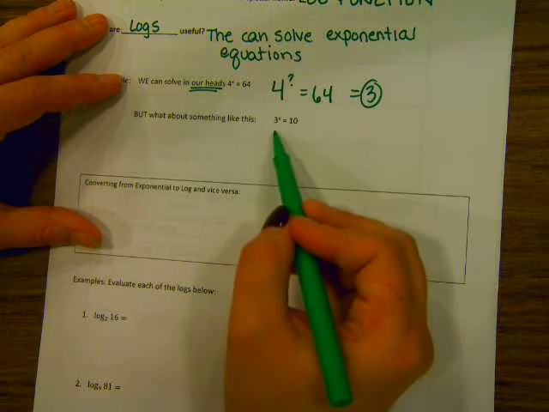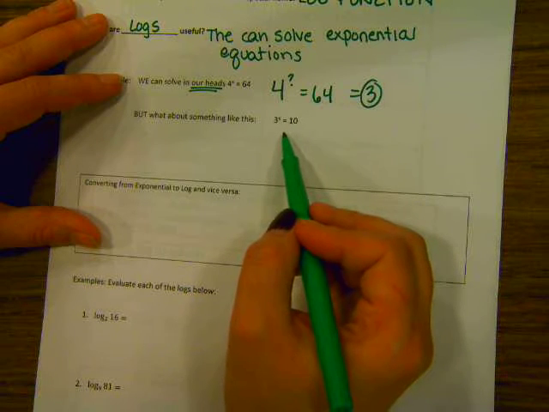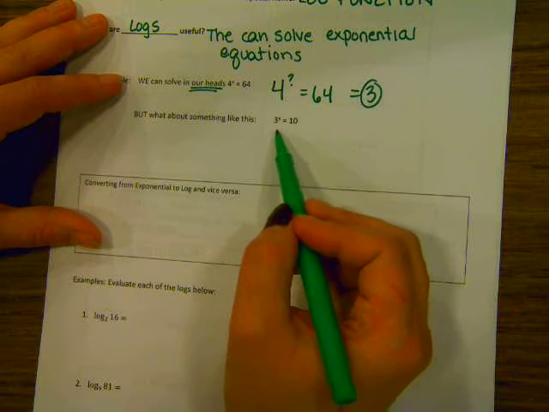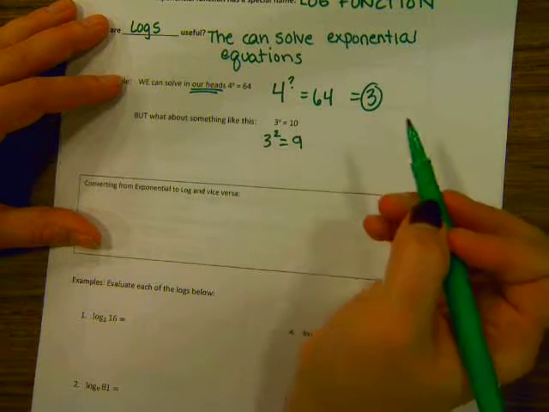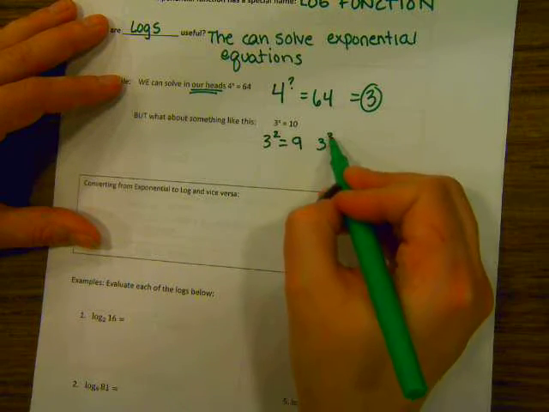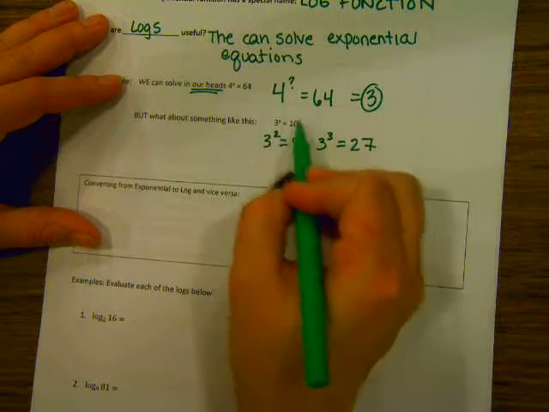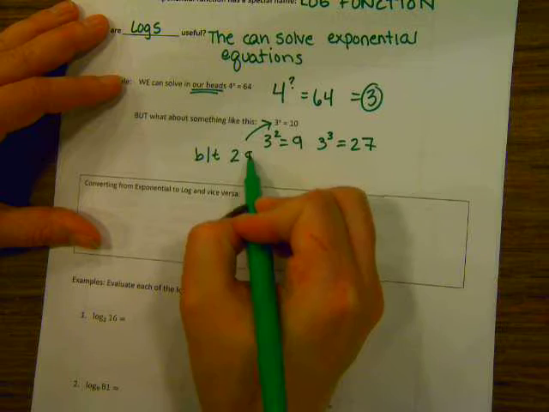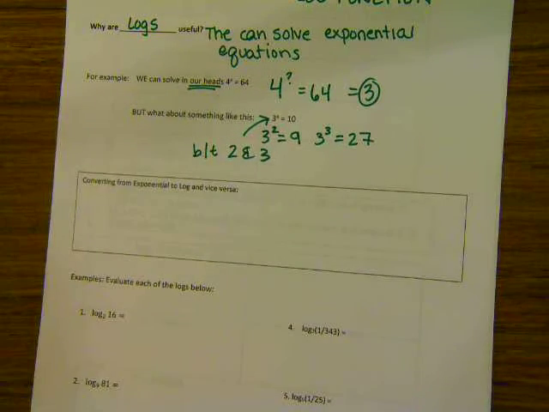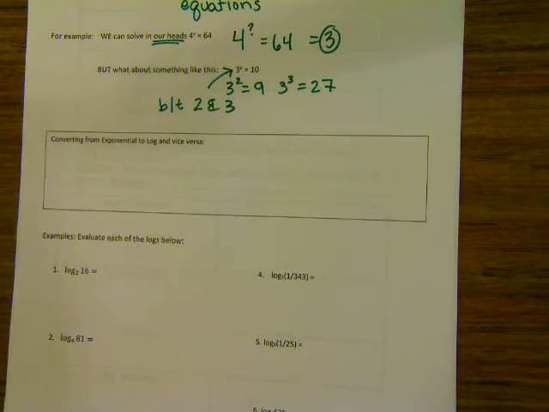Now, we could approximate, okay, but there's really no way to get the exact decimal. Like 3 squared we know is 9, okay, and we know 3 to the third power is 27. So clearly this answer is going to be between 2 and 3. But how do I know the exact answer? Is it 2.6? Is it 2.8? I don't really know until we start using what's called a log.